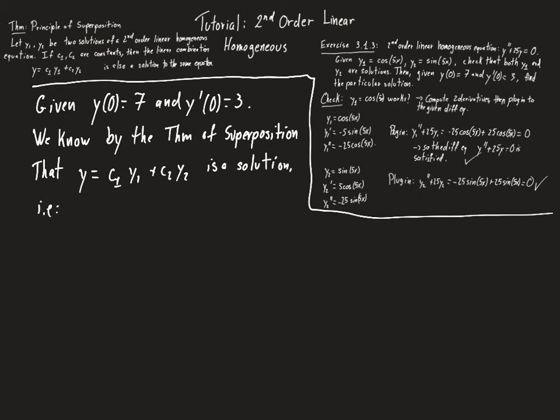That is, now we're just going to plug in what y1 and y2 are. y equals c1 times cosine of 5x plus c2 times sine of 5x is a solution.